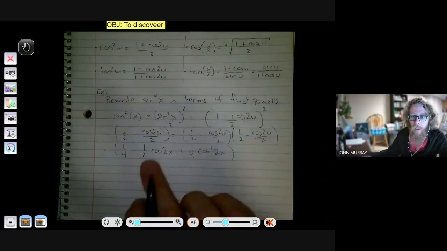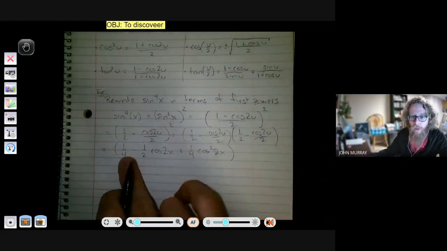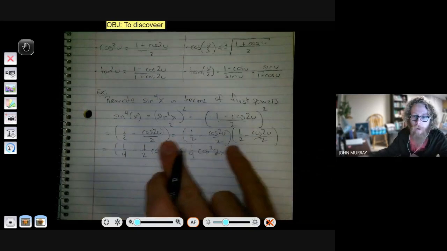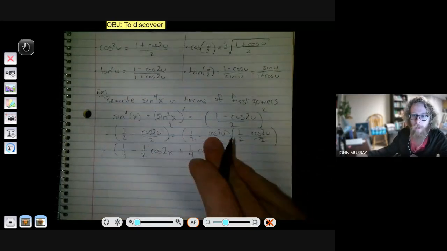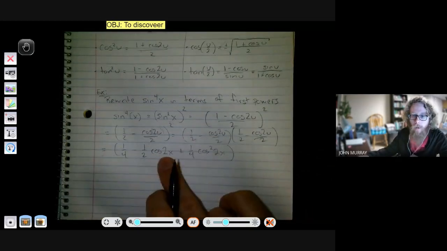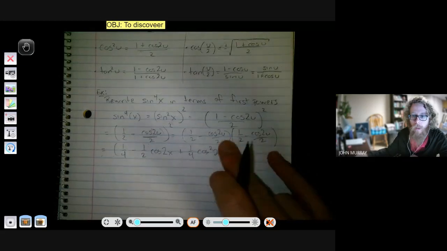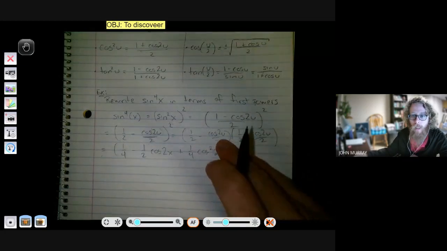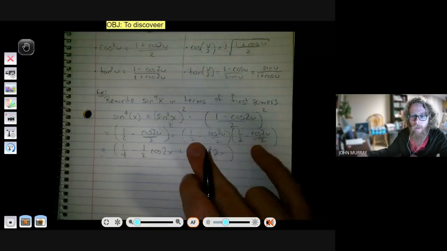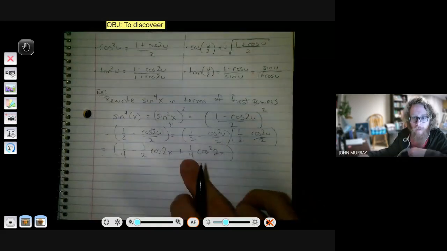Again, I multiplied the first 1/2 and 1/2 is 1/4. Then the outside and the inside get us the 1/2 cosine of 2x. Oh wait, hold on. That'll get us 1/4. This one, yeah, 1/2.